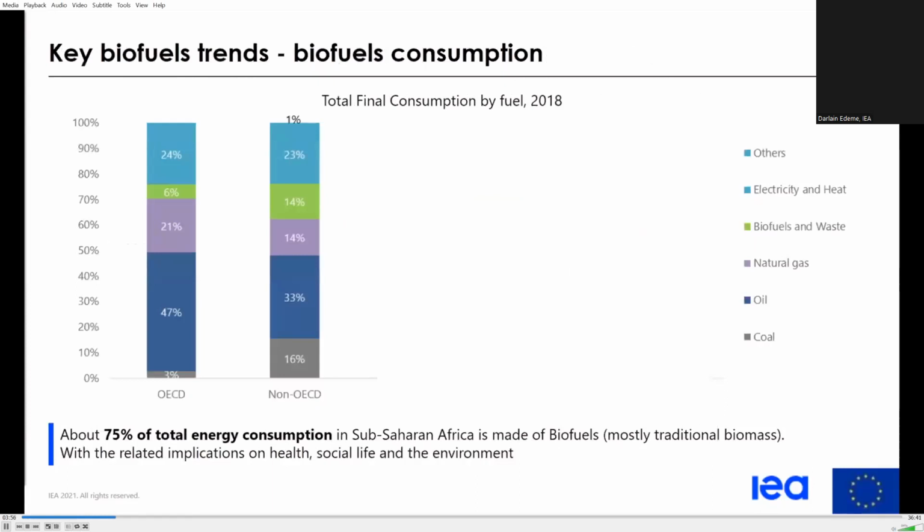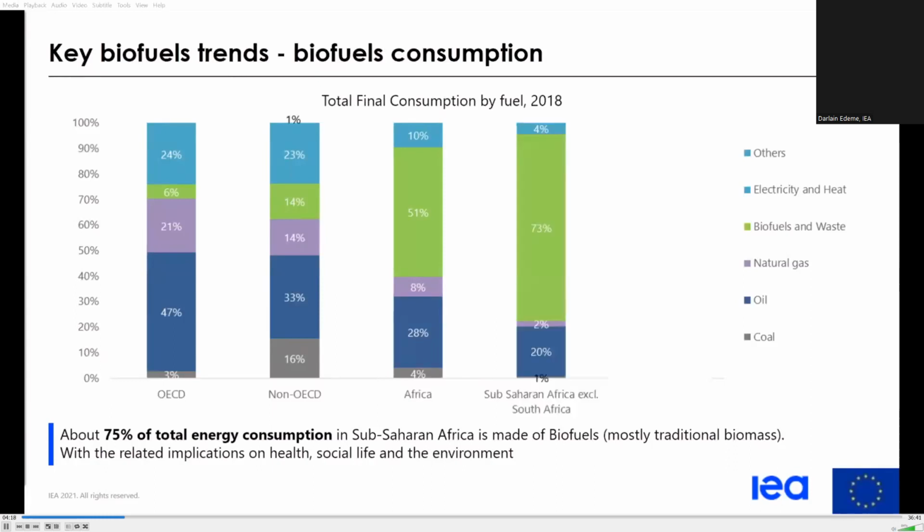Now, if we look at final consumption, we see that in OECD countries, biofuels and waste is not significant, and in the non-OECD region as well, it accounts for only 15% of consumption. However, if we look at Africa, the share increases to over 50%.